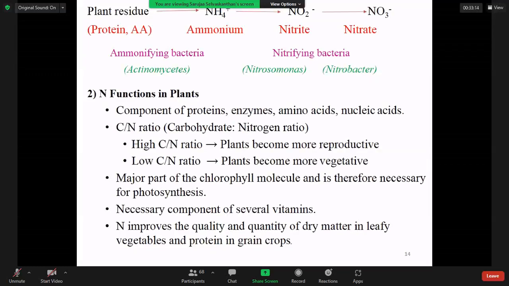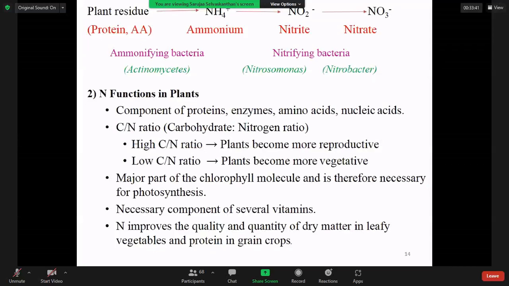Then second, when you go for any soil quality assurance, you will frequently come across the term C:N ratio. What is the C:N ratio? The ratio between carbon and nitrogen. If it is a high C:N ratio, plants become more reproductive. If it is a low C:N ratio, plants become more vegetative. These are things for your additional knowledge.